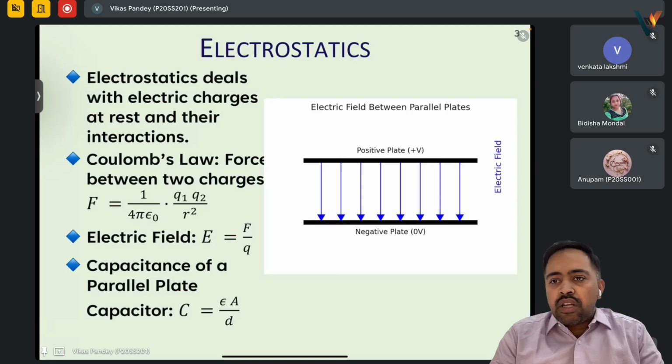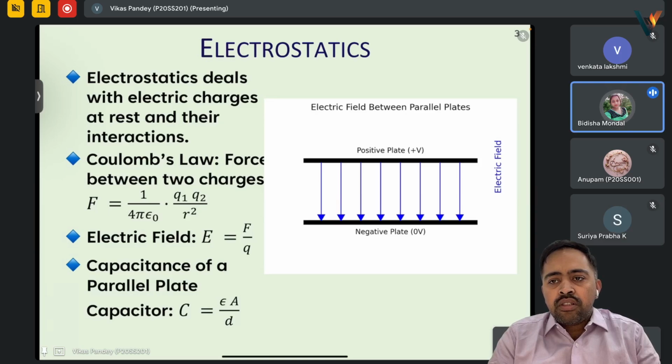Before starting, I think you two are new, right? Venkata and Vidisha, what is your academic background, like in which year you are or what branch you are? Hello. Sir, first year electronics and communication.